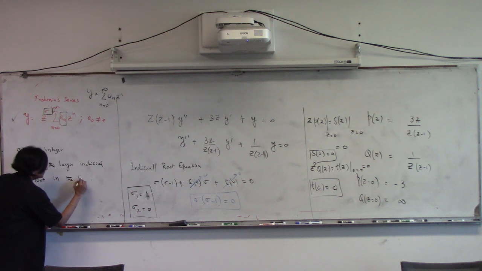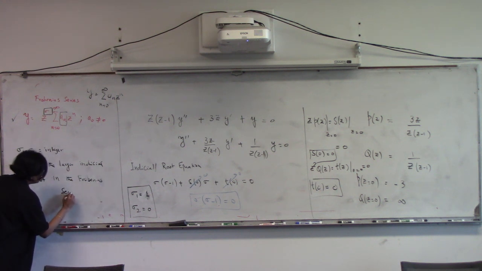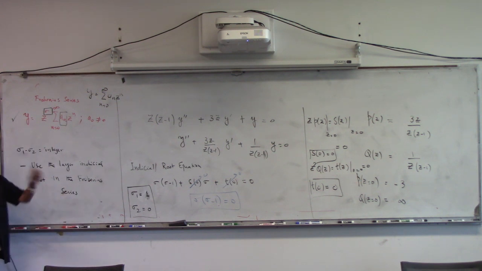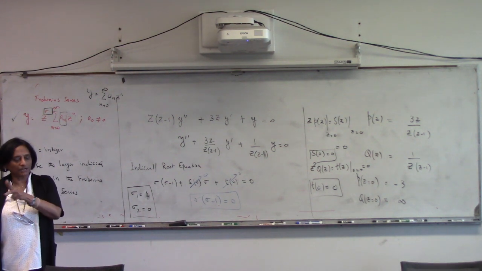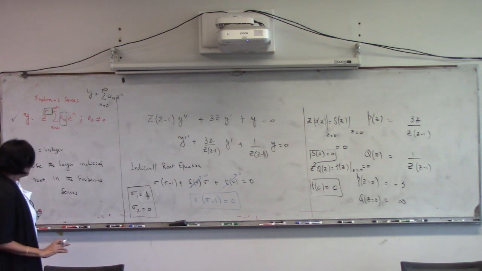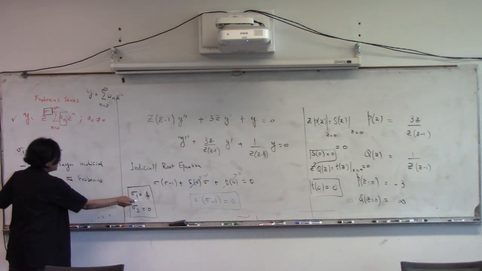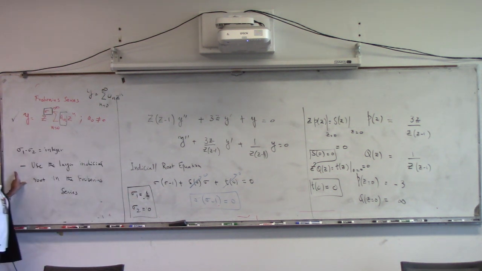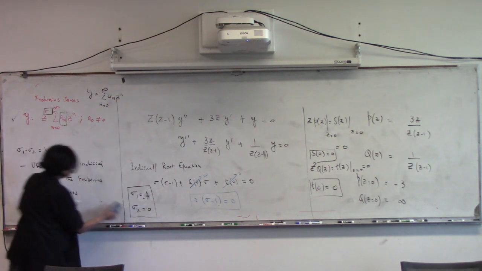If you use the smaller root, it will blow up. The smaller root will not give you a solution. The recursion relation will break. So this is an important point. You don't really have to check, but you have to use the larger one. So always put sigma 1 as the larger root, and sigma 2 as the lower root.